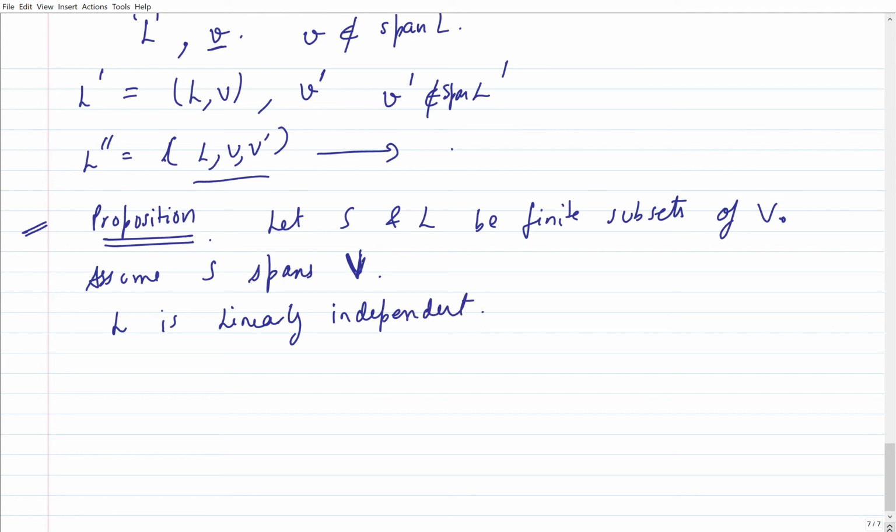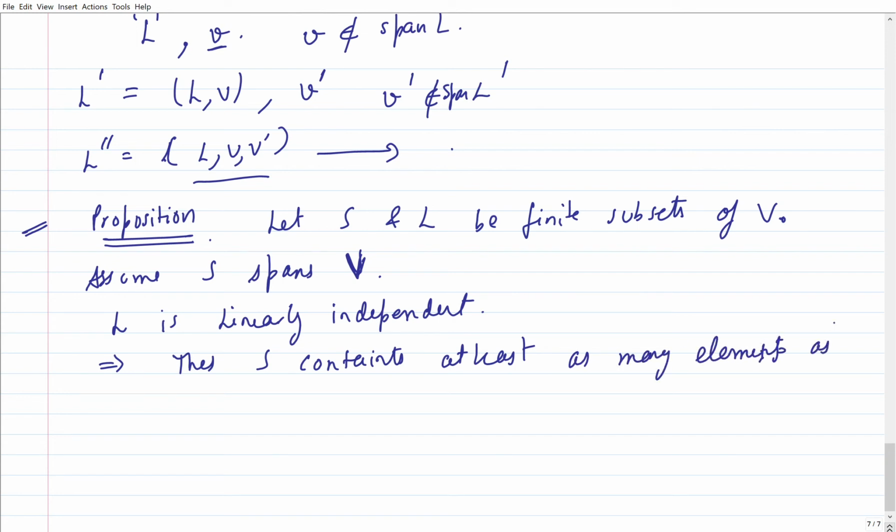Then the proposition is that the set S contains at least as many elements as L.